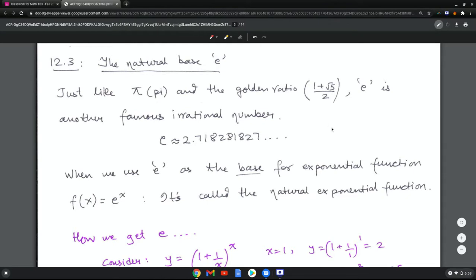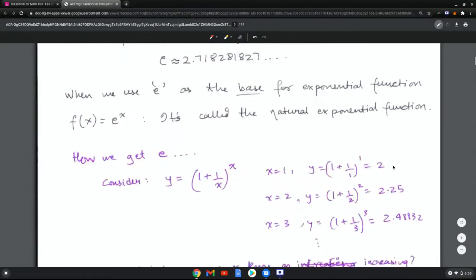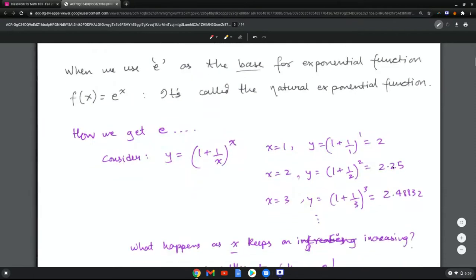When we use e as the base for the exponential function, that's e to the x, it's called the natural exponential function. Now, one interesting way in which we can get e is to look at this function, 1 plus 1 over x, to the power x. As x increases, we know that the quantity 1 over x becomes smaller.